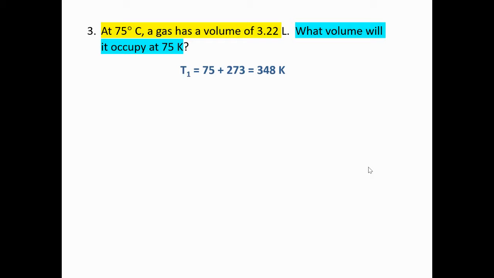So you cannot plug 75 Celsius into the equation. You must change it to Kelvin, sorry. So 75 plus 273 gives me 348 Kelvin. Plug in my numbers. V1 over T1 in Kelvin equals V2 over 75 Kelvin.